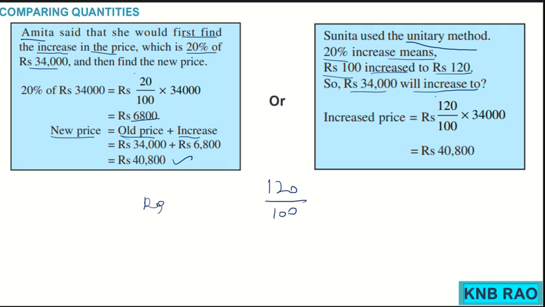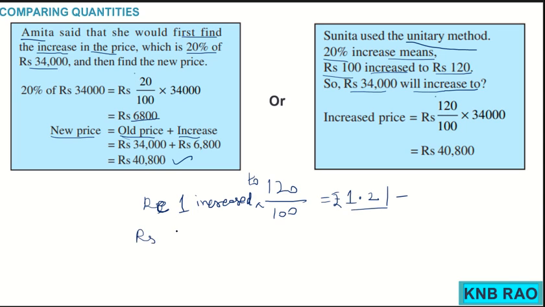So 1 rupee increased to 120 by 100, which gives you 1 rupee 20 paise.